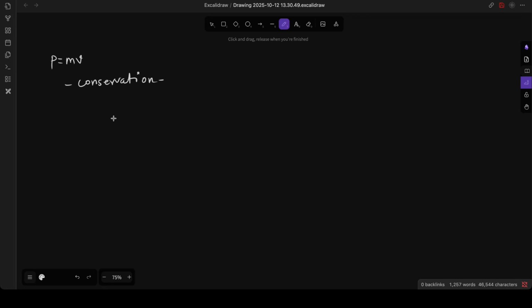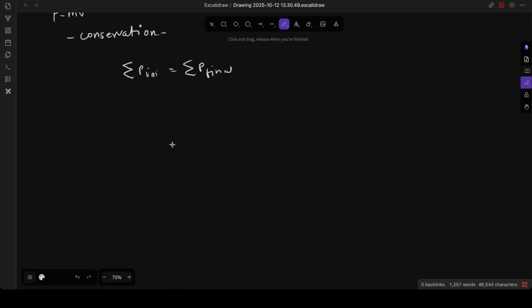So in a closed system, conservation of momentum says that the sum of initial momentum is equal to the sum of final momentum. That's it. Now, how does it apply? Let's assume the scenarios we have always been looking at.